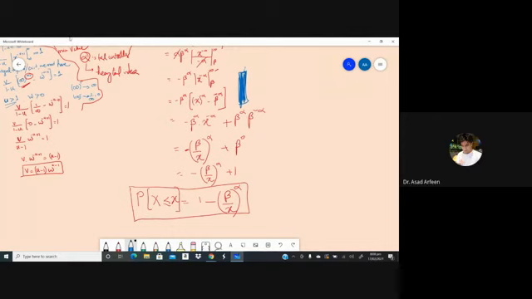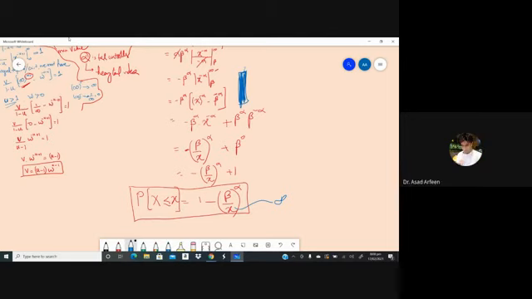So in this case, what will happen if I put back infinity here? Sir, this part will become zero, and then 1 minus 0 will be 1.